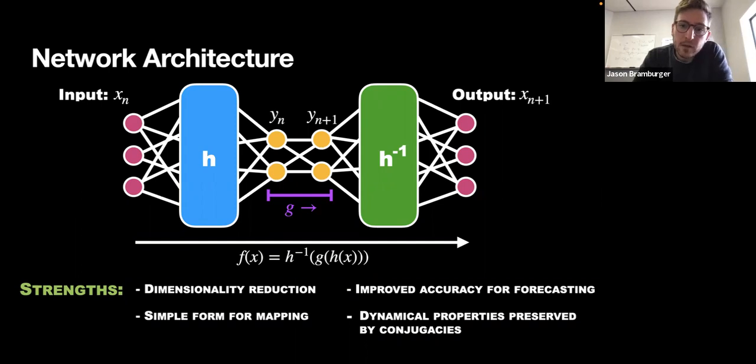Now, this is typically used for mapping, say, pictures down into low-dimensional feature spaces, but you can actually take advantage of this idea for my neural network architecture given on the board here, because you can imagine that I'm collecting data from a very high-dimensional system, but that data is really only describing, say, a low-dimensional chaotic attractor.